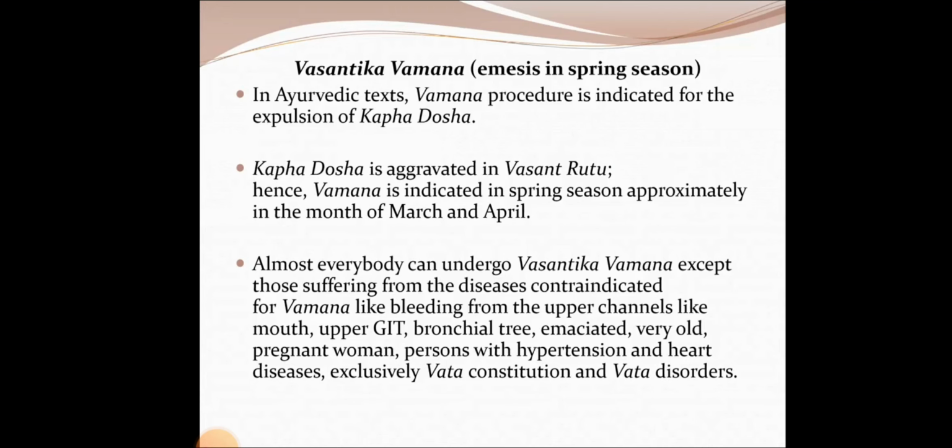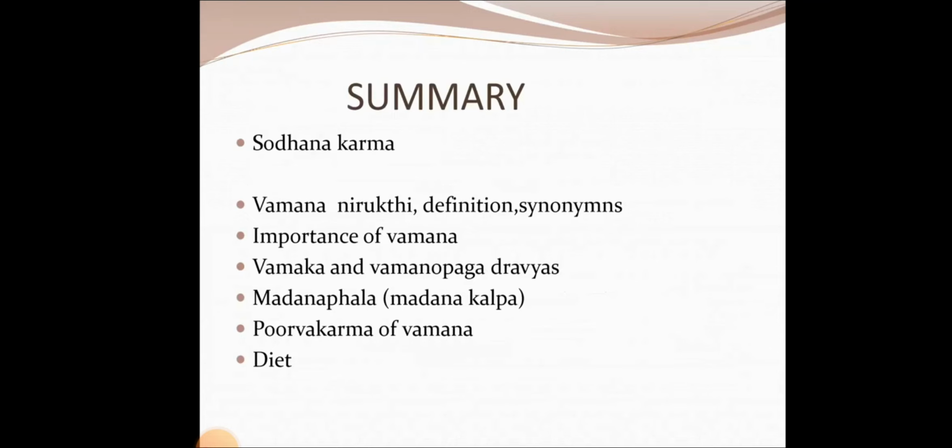Next, I will summarize the main points of today's class. In part 1, I dealt with the etymology and definition of Vamana, indications, contraindications and the reasons behind the contraindications, and the role of Koshta and Agni in Vamana Karma.